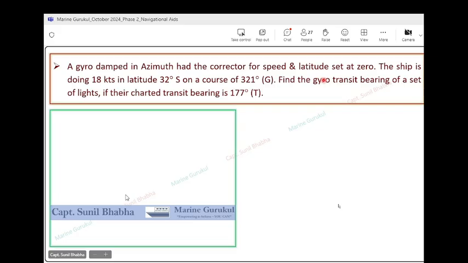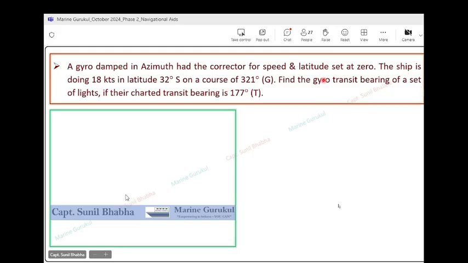So these were fed manually. Since there was no GPS, both these pieces of information were fed manually through these knobs. Now sometimes it used to happen that the vessel came out from a port and the duty officer forgot to update the speed and latitude in the knobs. The knobs were kept at 0.